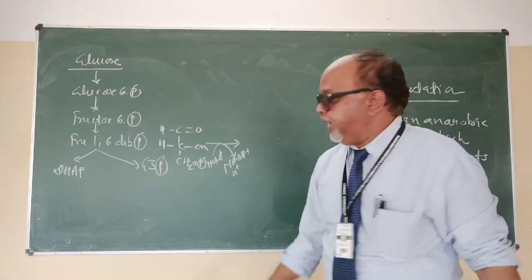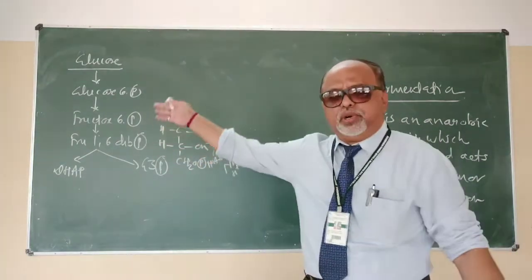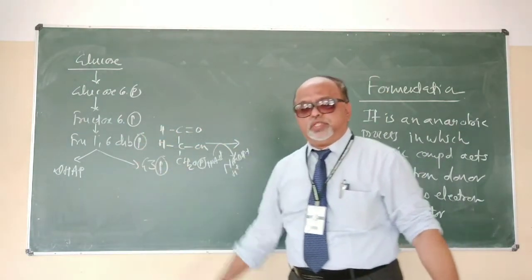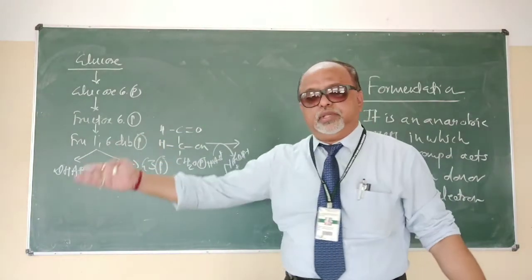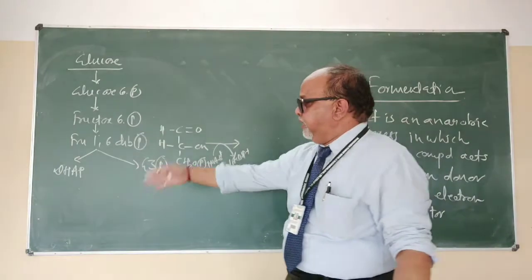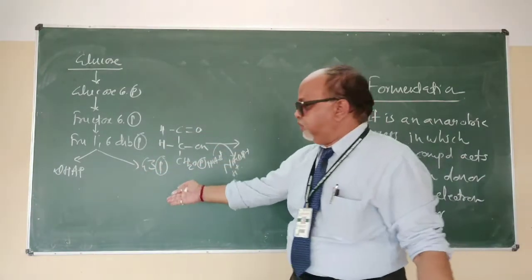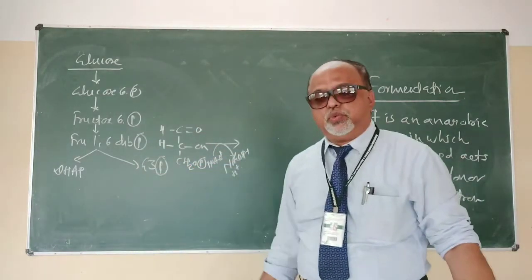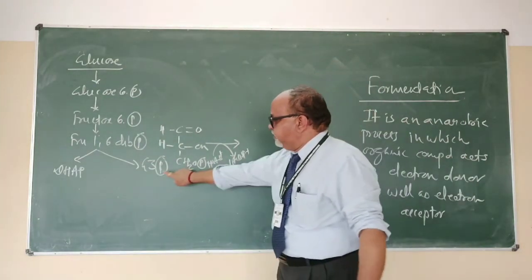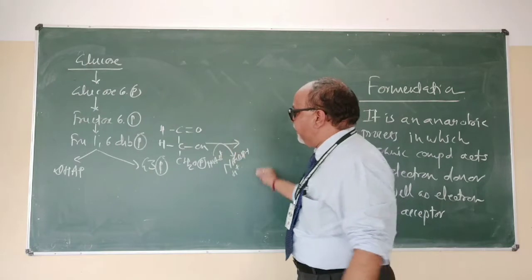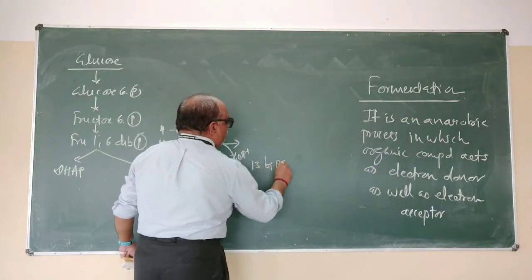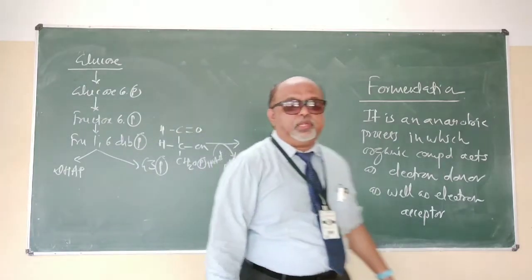After the splitting of fructose 1,6-bisphosphate, there is a formation of DHAP and G3P. Whatever DHAP is formed is further converted into G3P, so every compound is formed twice. This G3P is converted into 1,3-bisphosphoglycerate.